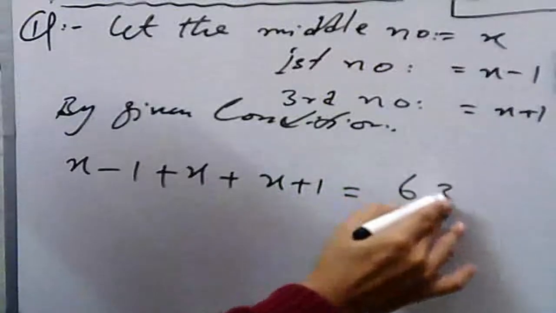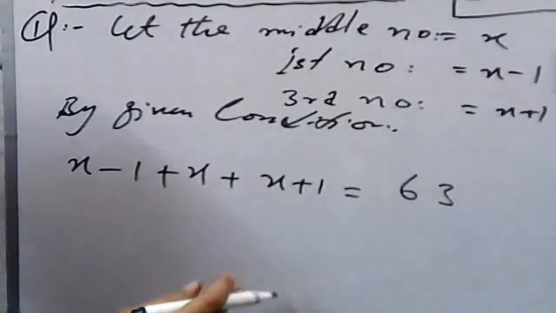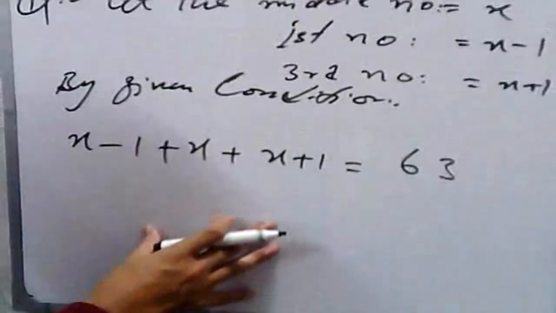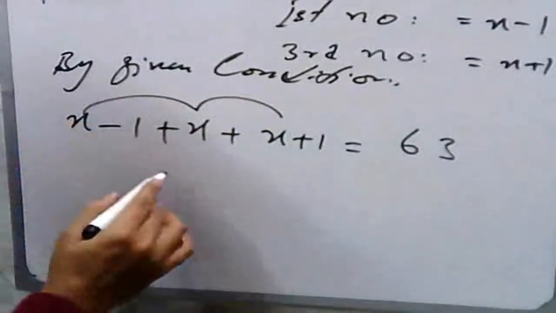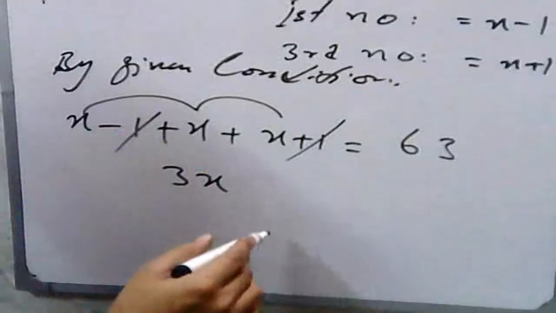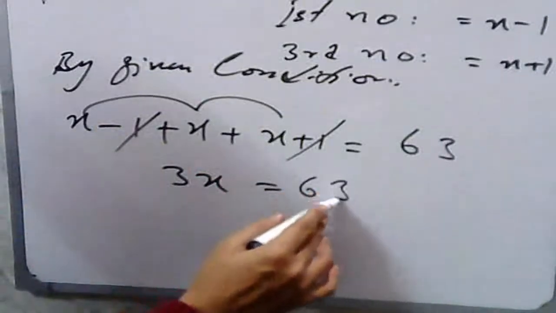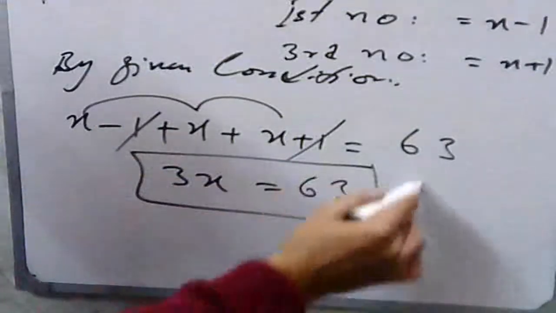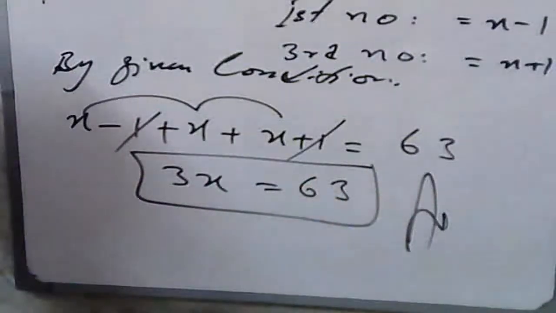By the given condition, the sum of the 3 numbers is 63. If you would like to simplify it, you can: 3x, and the 1 will be cancelled, so 3x is equal to 63. So that is your required result.